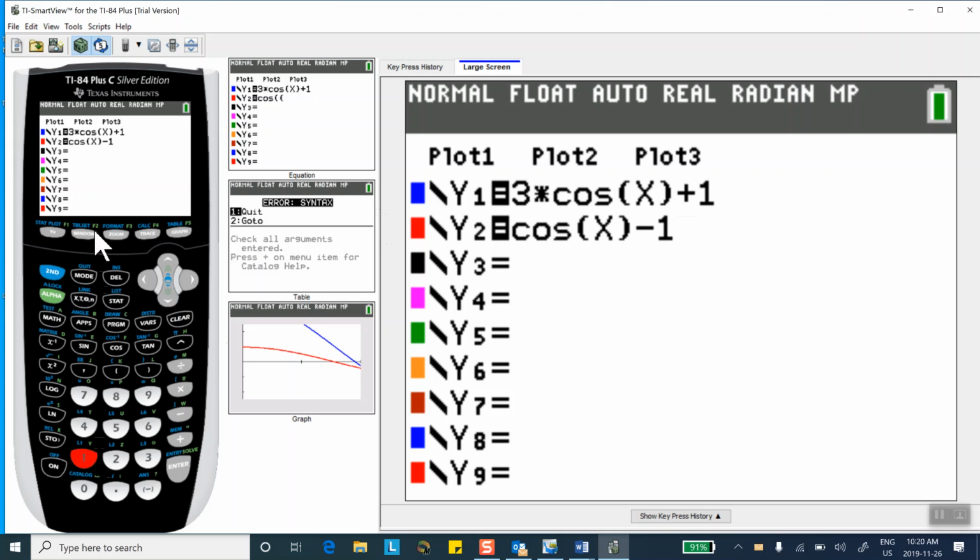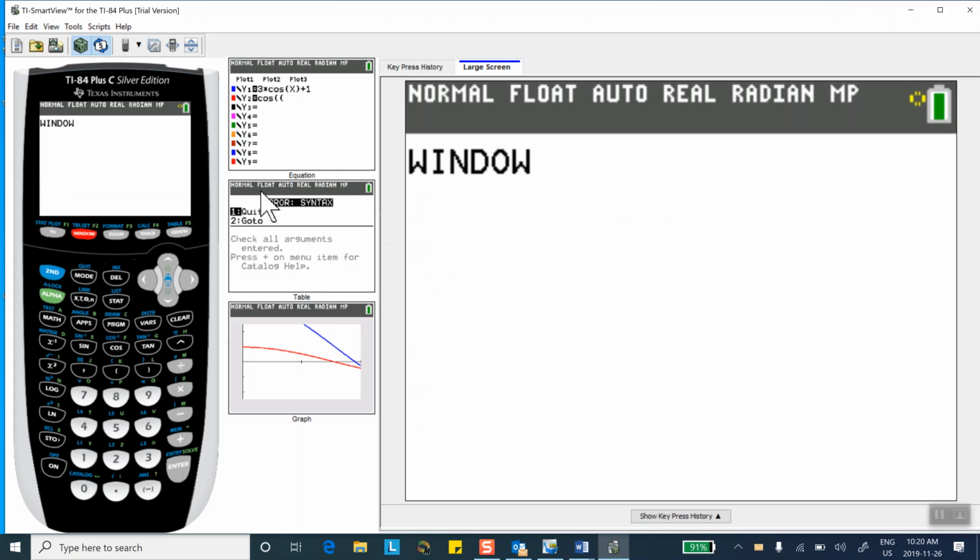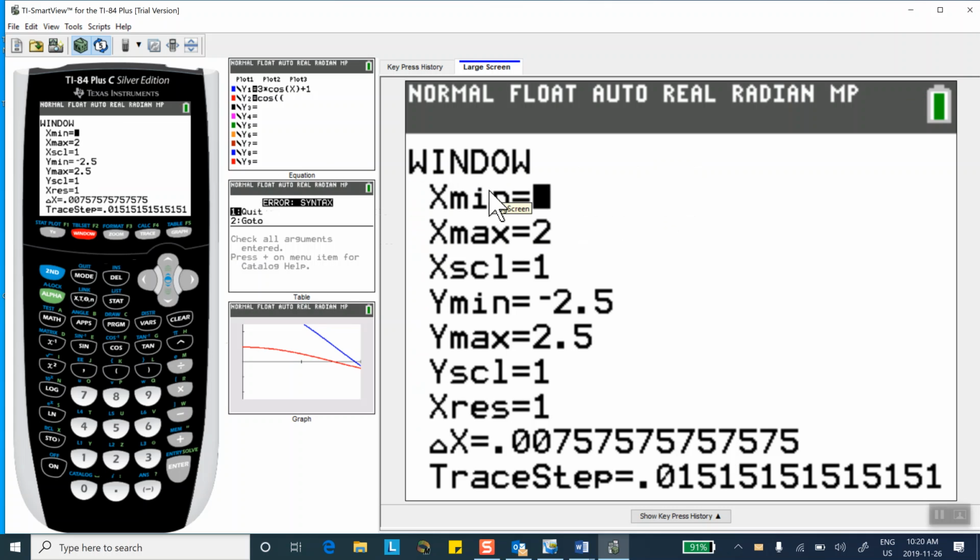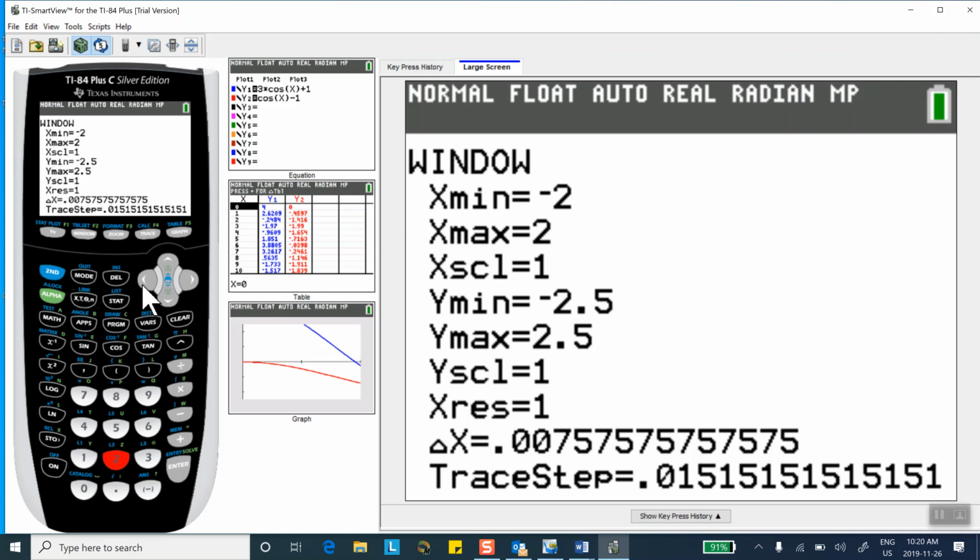It also says to use the window, and it gives you some instruction. Where's the window? Is this the one? Yeah. For x minimum, minus 2 pi: there's a negative, there's your 2, and there's your pi. I think you probably have to do multiply; you can try it, I don't know. Second function pi, right there.